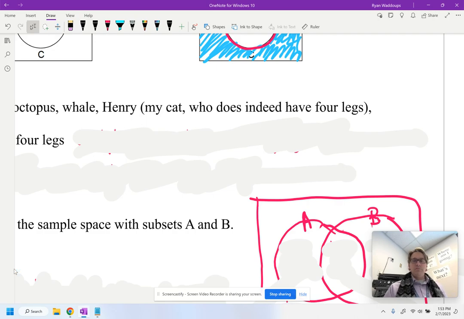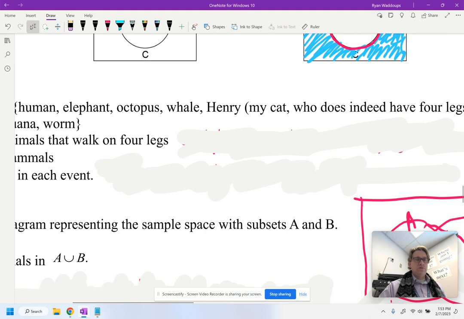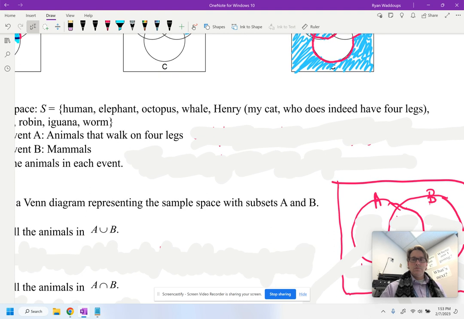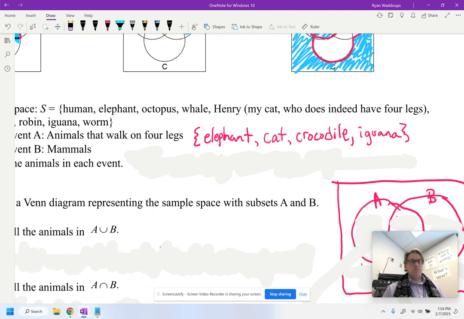What you got here, Braden? Animals that walk on 4 legs. And iguana, right. So we got elephant, cat, crocodile, and iguana.